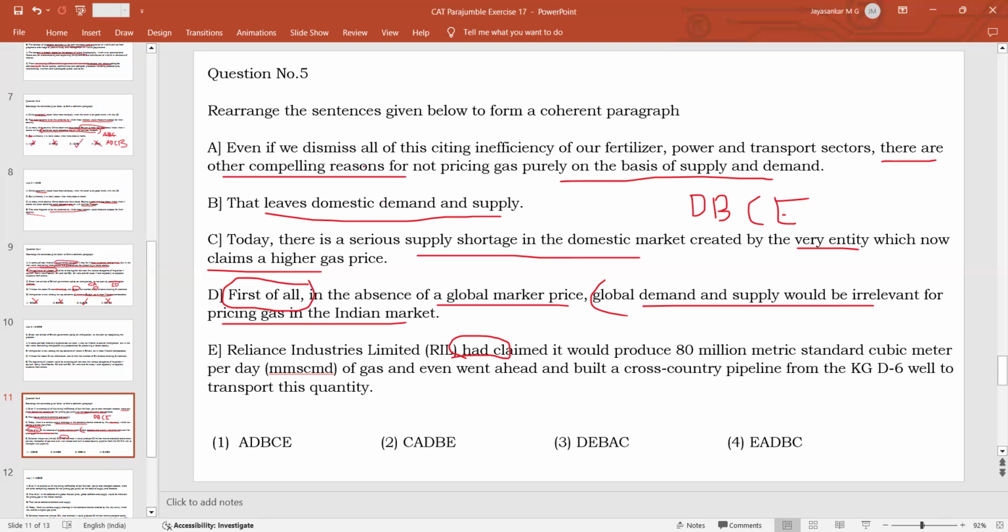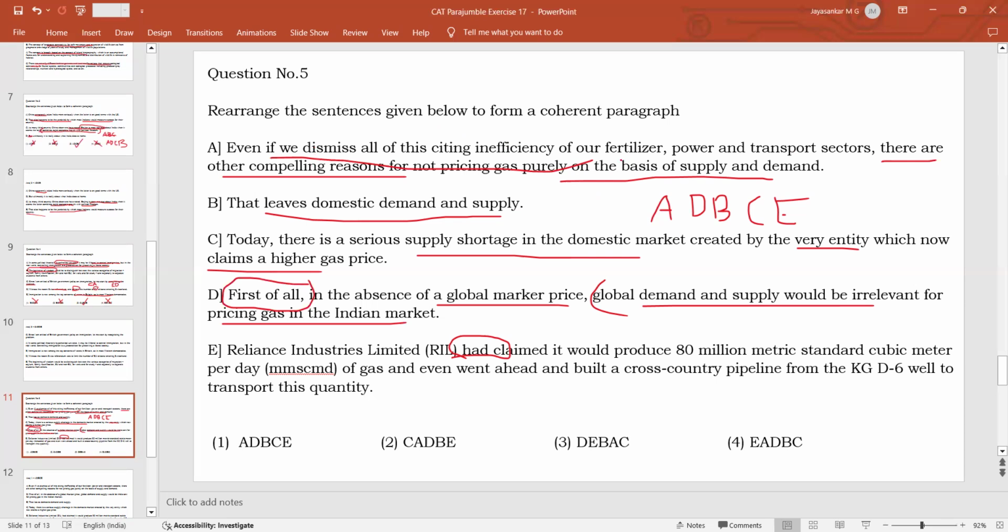We can say that the passage might have been discussing many other factors regarding pricing of oil prices in India, and then they discussed about power, fertilizer, transport, etc. But the author says that there are other compelling reasons for not pricing gas purely on the basis of supply and demand. So you can say that A is a first sentence where the passage is talking about a lot of issues that were affecting the oil prices in our country.